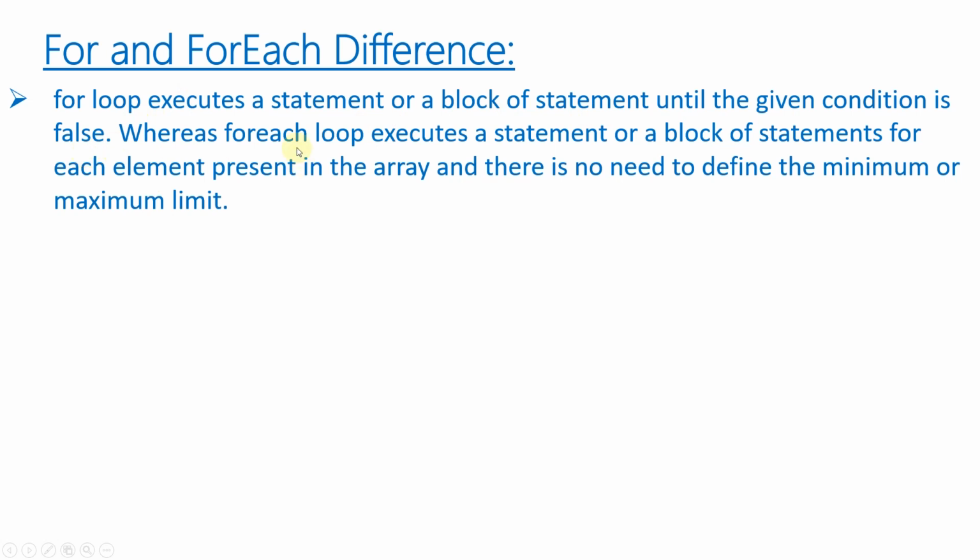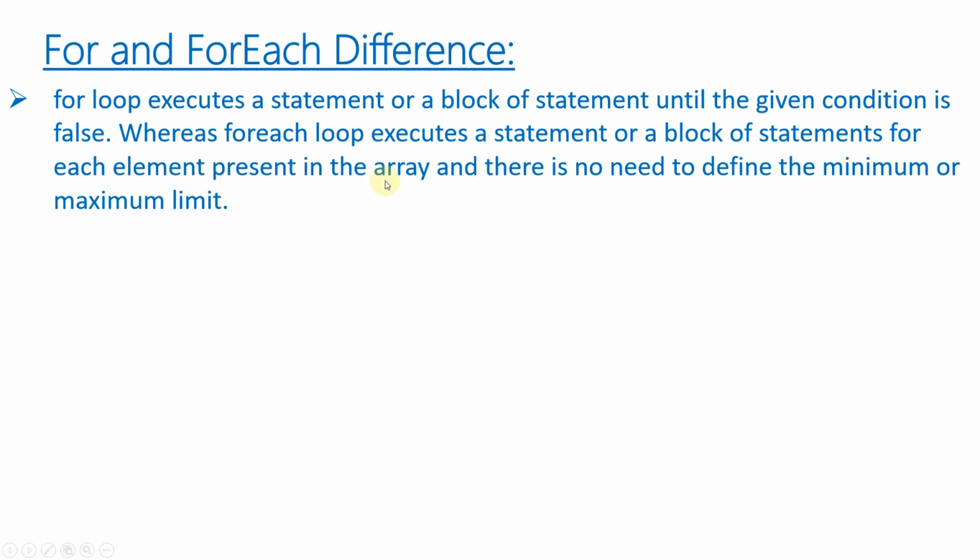And the foreach loop executes a statement or block of statements for each element present in the array. So it will keep executing as long as there are elements in the array, until the last element.